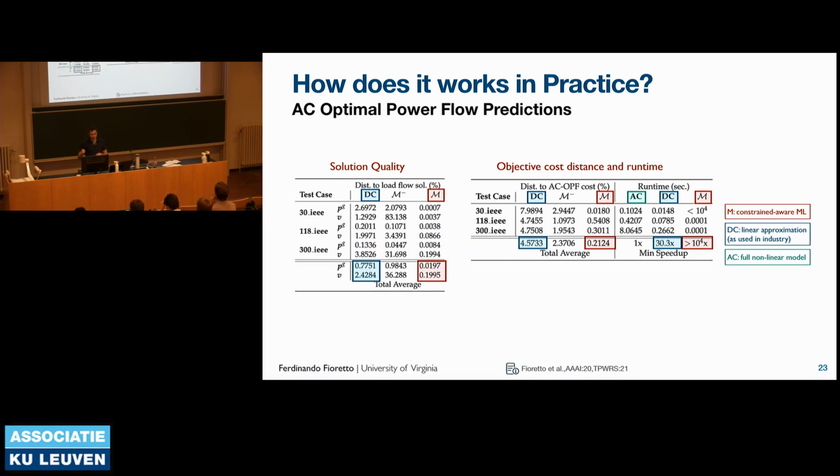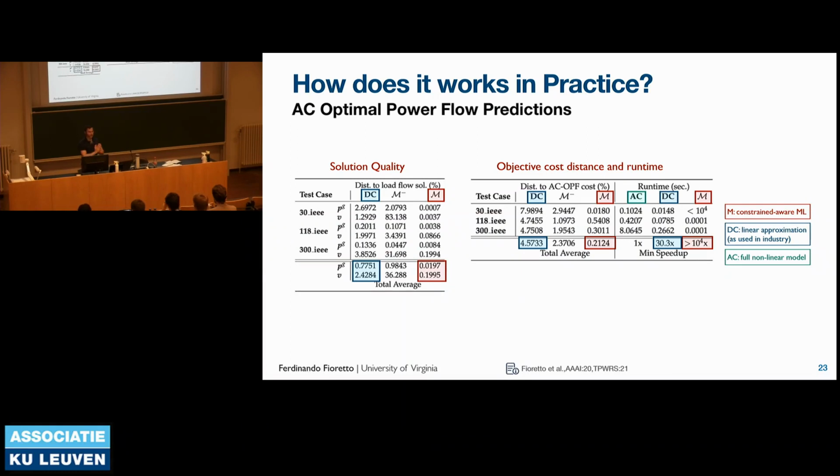The highlighted blue entry is the industry standard, the linear approximation that is used in industry. And the red model is what I showed you earlier. So here you can see that we have over an order of magnitude improvement in solution quality with respect to constraint violations. On the table on the right, the first subtable shows the suboptimality of the solution that you found. And here we're showing that you're at least one order of magnitude better on average than the current industry standard. And finally, you have runtime.